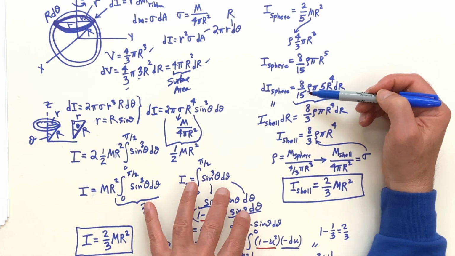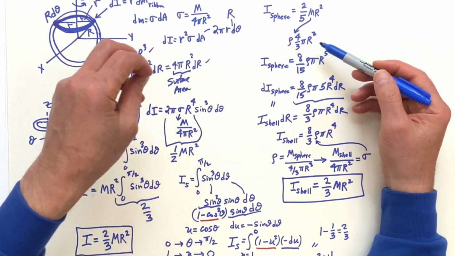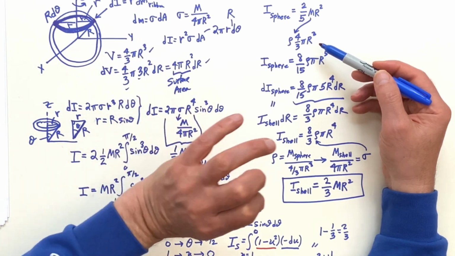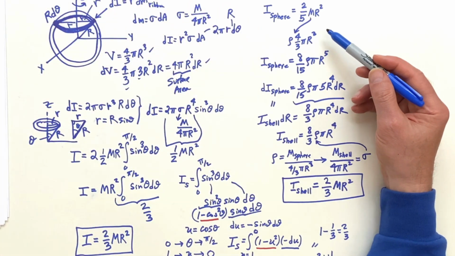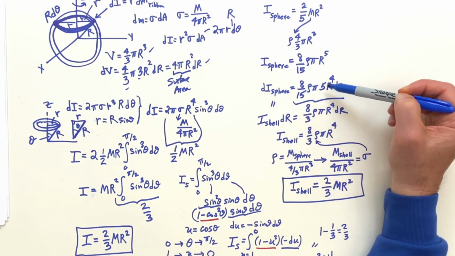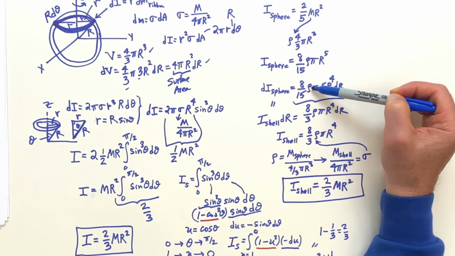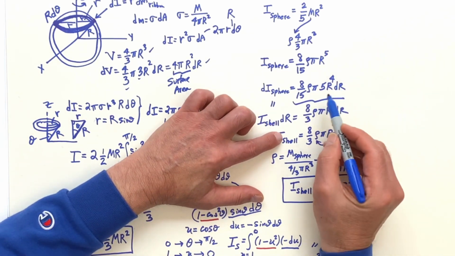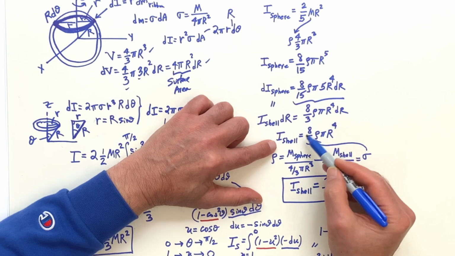But I thought it would be interesting to show how this trick, when you have volume information and you want to go to a shell effect information, how it would still work, if you're careful, with the sphere moment of inertia. Taking the differential of the moment of inertia for the sphere after you flushed out all of the r dependence, since the rho is a constant, and we're taking the dr, so we get all the r's out of there. And then when we did this, we said this has to be the information for the shell.